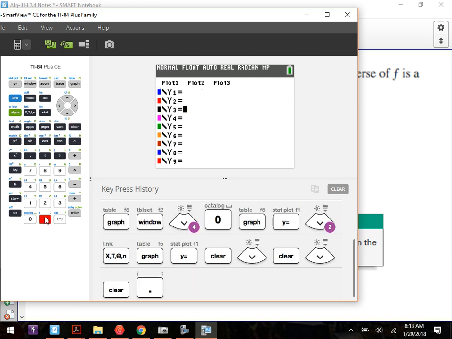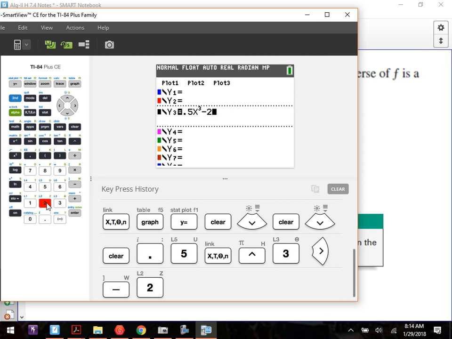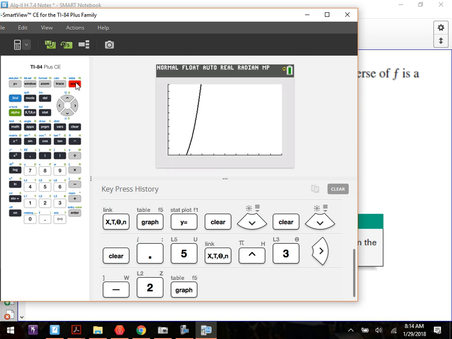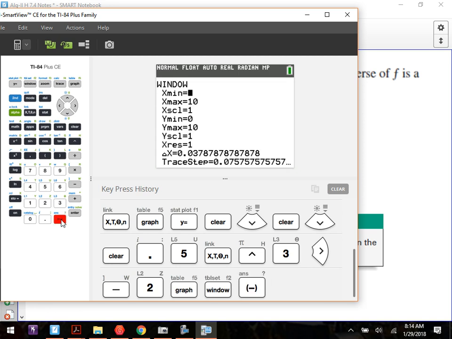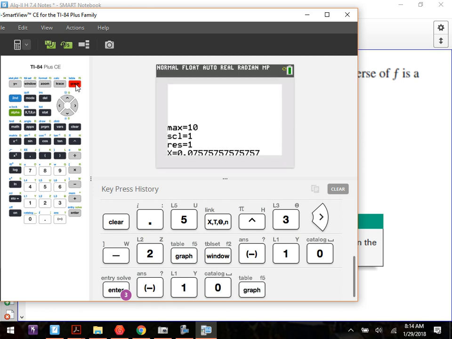Was it 1/2 x cubed plus 2 minus 2? Thank you. So if I look at that graph real quick, come back to my window. Go back to a 10 by 10. Well, that one passes the horizontal line test.